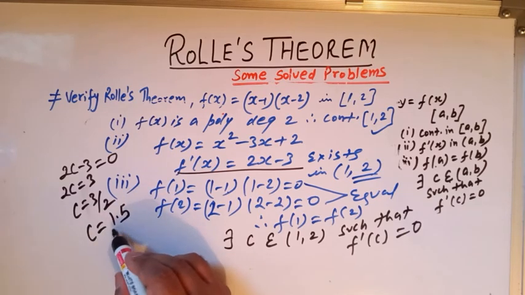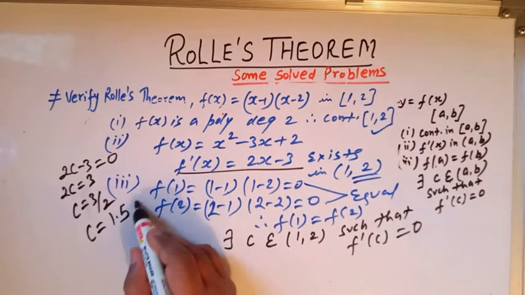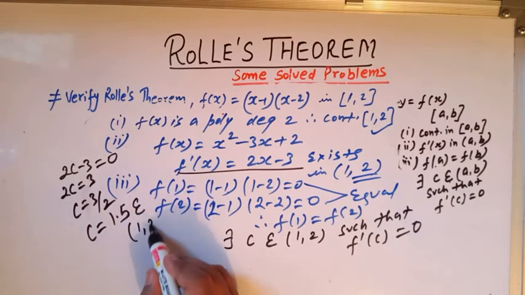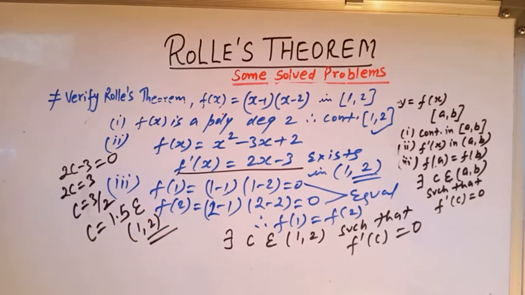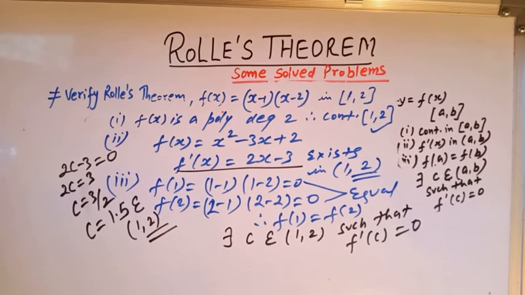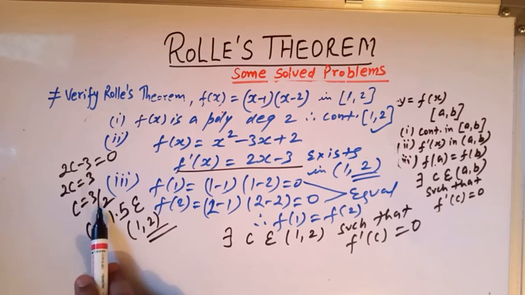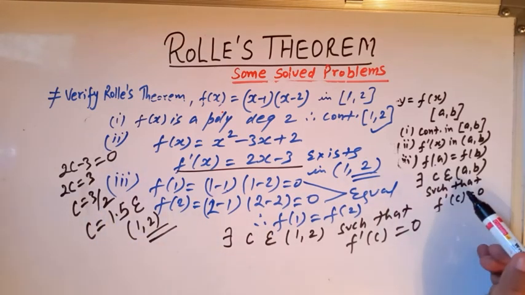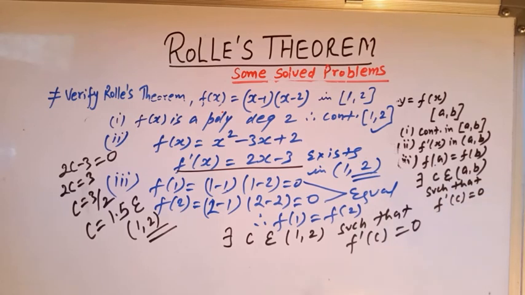And viewers, it obviously lies in 1 comma 2. Thus Rolle's theorem is satisfied, and we have one value, that is c equal to 3 by 2, at which the tangent is parallel to x-axis.